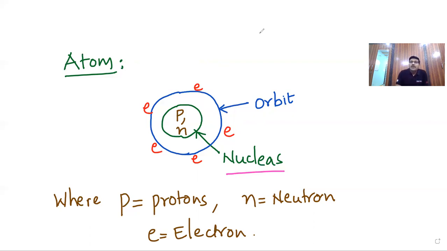Now, observe carefully. Mass of proton is denoted as M subscript P. M is the capital letter, P is the small letter.